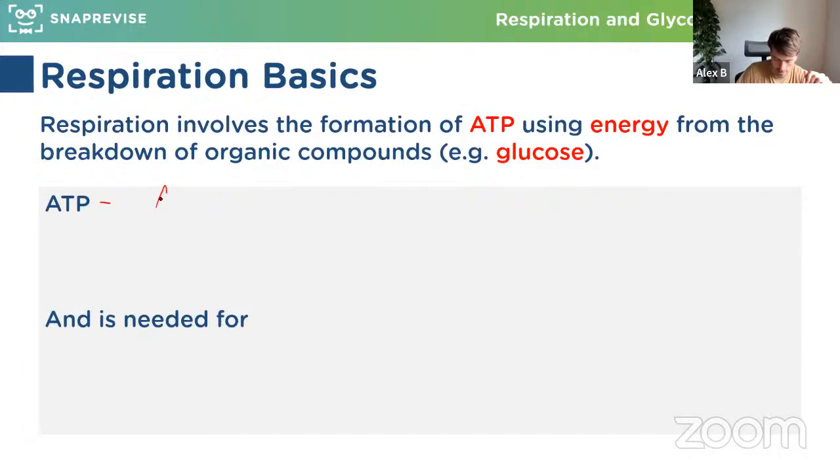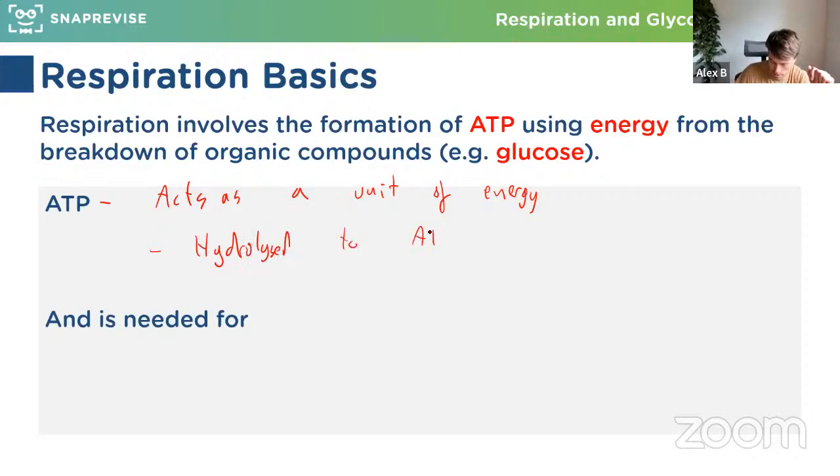So we said ATP acts as a unit of energy. And yeah, basically it can be hydrolyzed to ADP plus Pi.